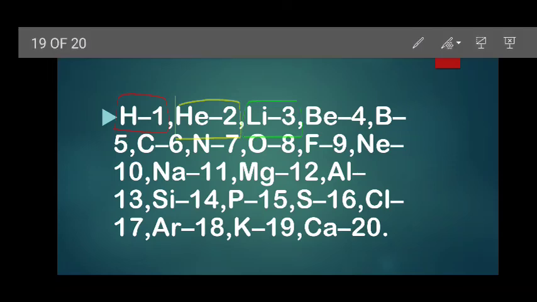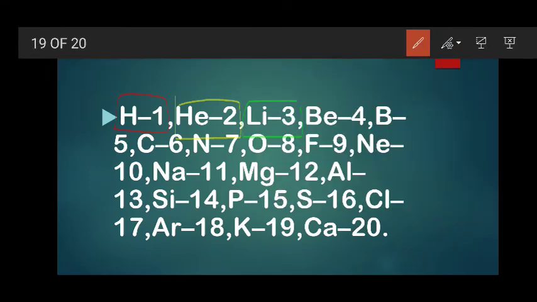Please learn all the atomic numbers at least from 1 to 20, so that in the next video I'll tell you how to get valency from the atomic number and how to write formulae with the help of the atomic number, and then in another video I'll explain how to balance the chemical equation. Clear? So students, don't forget to learn the atomic numbers from 1 to 20.